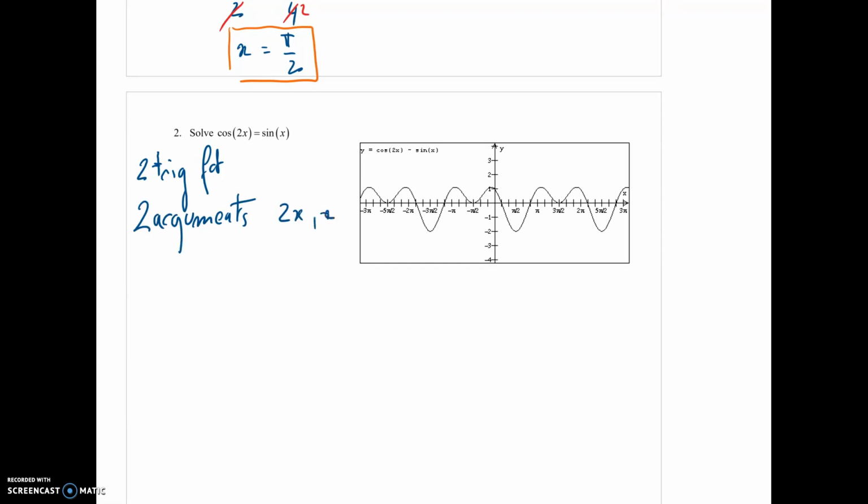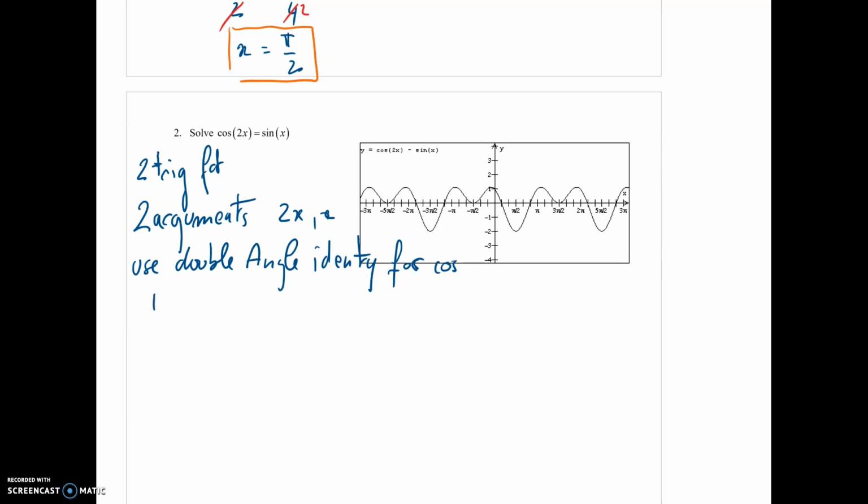So we are going to use the double angle identity for cosine. Why? Because by doing so, we are going to change the cosine 2x into an expression made only with sine, and therefore we are hoping to have an equation made only with sine.